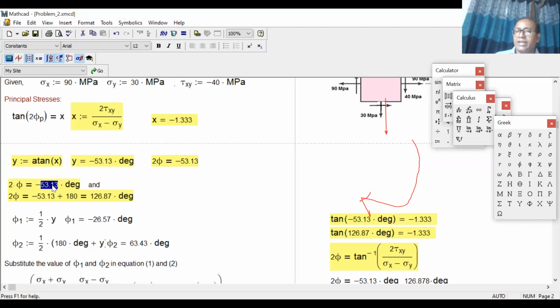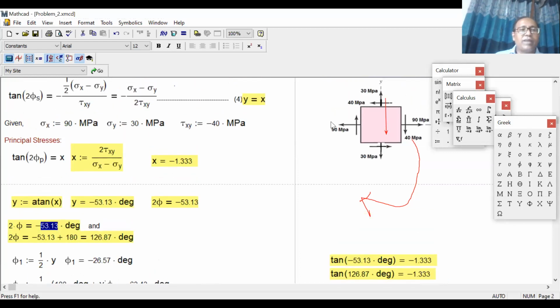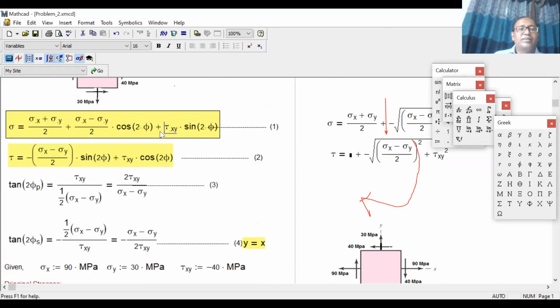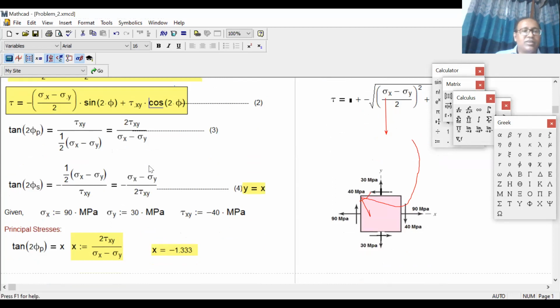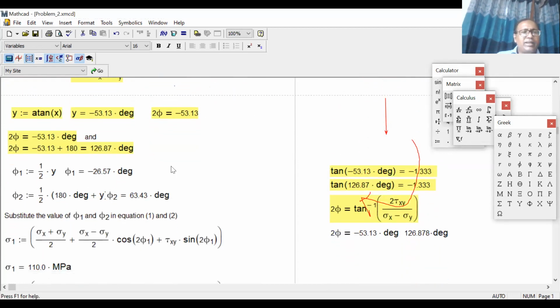These two angles, if I put them in these two equations, I get sigma 1, sigma 2, and tau 1, tau 2. Very simple. So I got the 2 phi value.